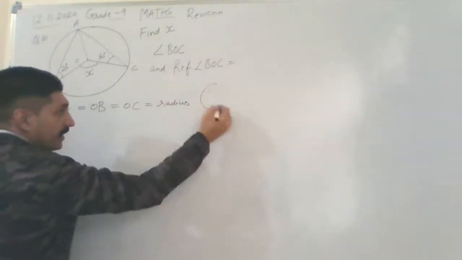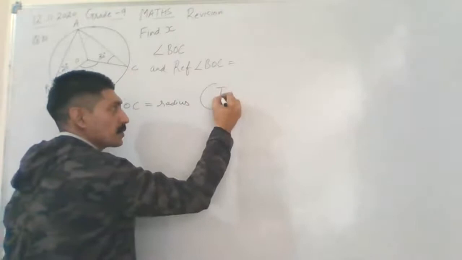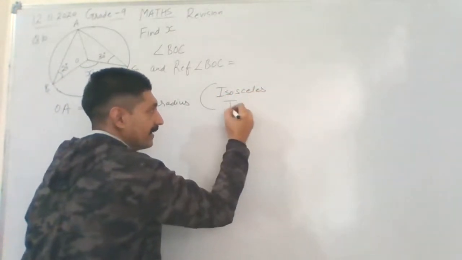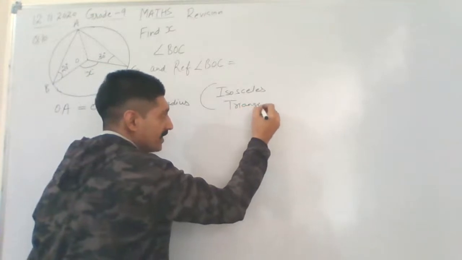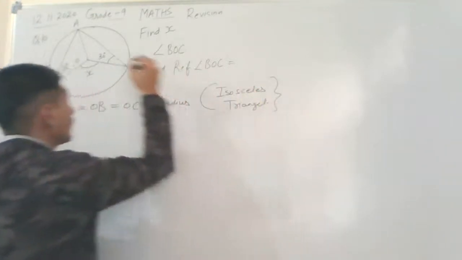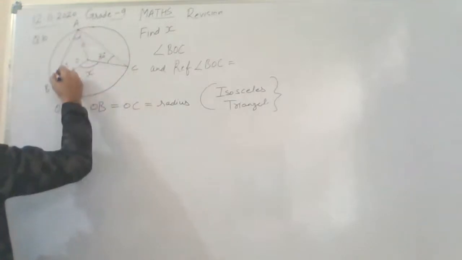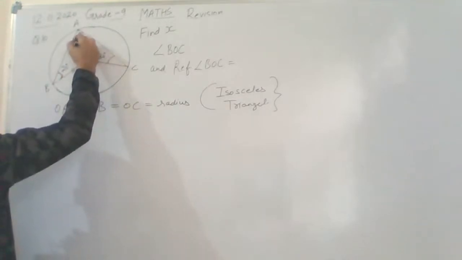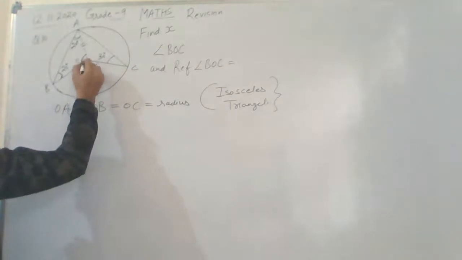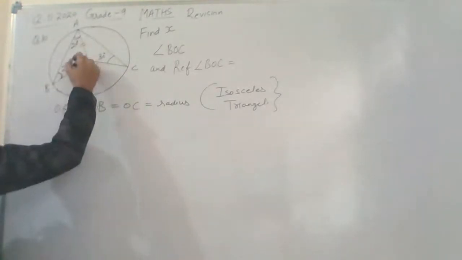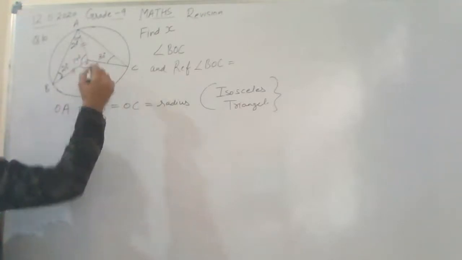And we can use the concept of isosceles triangle, right? In an isosceles triangle, if two sides are equal, the angles should be of the same measure. So what is this angle? This angle here is 140 degrees, right?